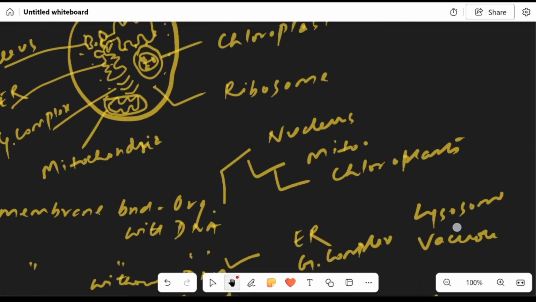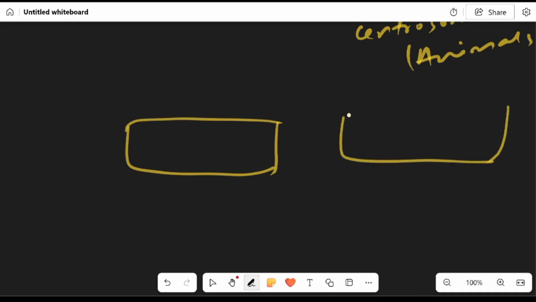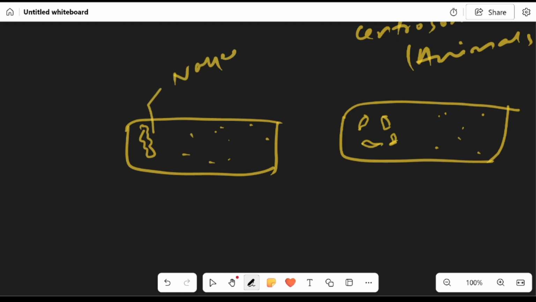These were some of the things which we studied. Now let us discuss DNA and ribosome. So in prokaryotes and in eukaryotes, what's the arrangement of DNA? And what ribosome do we have here? So here the DNA is naked DNA without any membrane.